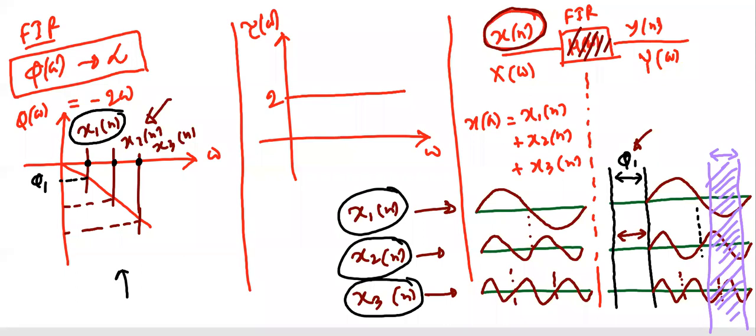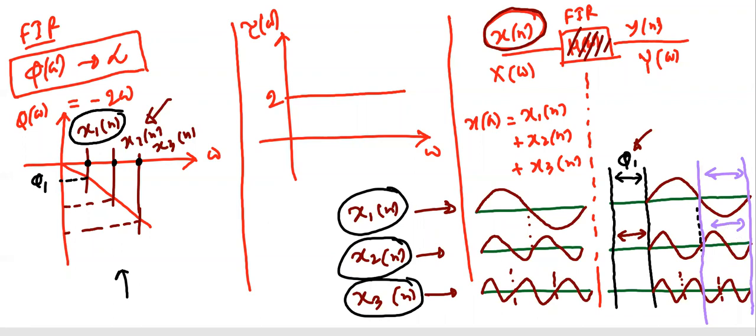Definitely that is even higher than x1[n] and x2[n]. You got my point? For x1[n], if I draw a line here and a line here, it elapses half of the phase. Here it elapses a full cycle of the phase.